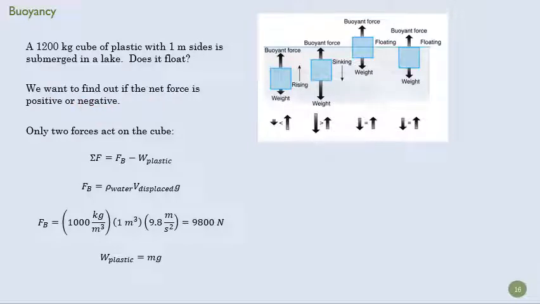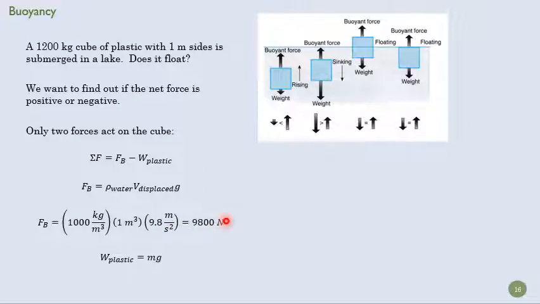We have two forces acting on our object. We have a buoyancy force pushing up and a weight force pulling down. My buoyancy force is the rho of water times the displaced volume times g. Here's my rho of water, here's my volume displaced, and there's my g.